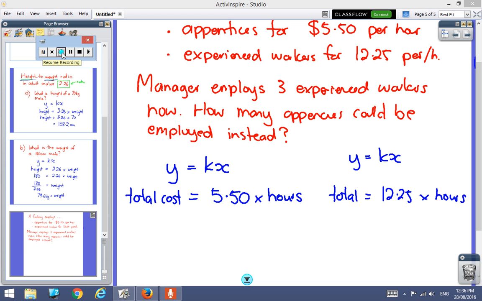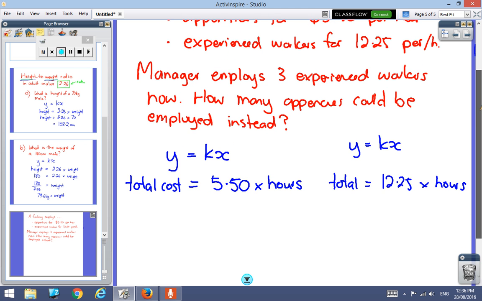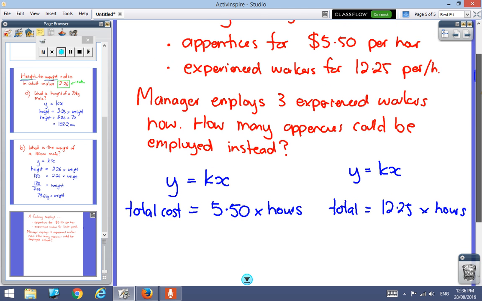Now the question says the company employs 3 experienced workers now. How many apprentices could they employ for the same amount?